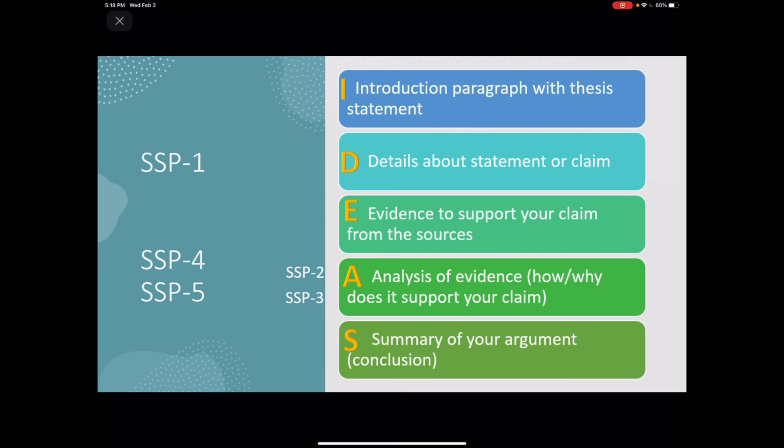You want to find multiple sources that are going to back up your claim. How does it support your claim? In this step, you are explaining, my evidence here proves my thesis because, and so on. And then when you get back into the summary, you're going to repeat social studies practices 4 and 5, constructing your argument and still using that historical awareness all the way through.